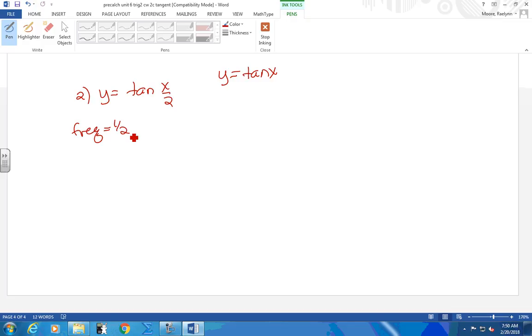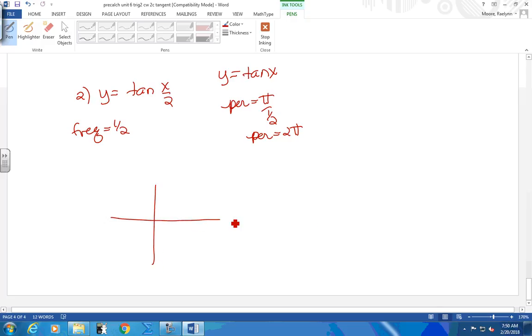So if my period is pi, I'm doing half of this. So divide this by 1/2, technically. So keep change flip. My new period for this guy should be 2 pi. It's going to go out to here.